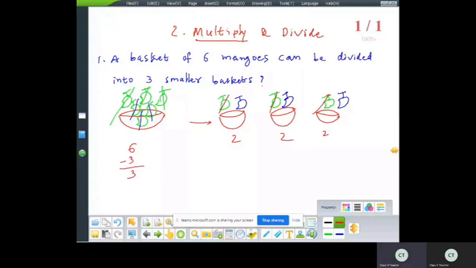Next time, every mango insert in one basket. Here, here, here. Total again 3. 3 minus 3, 0. Here, 3 is subtracted 2 times. It is called repeated subtraction.